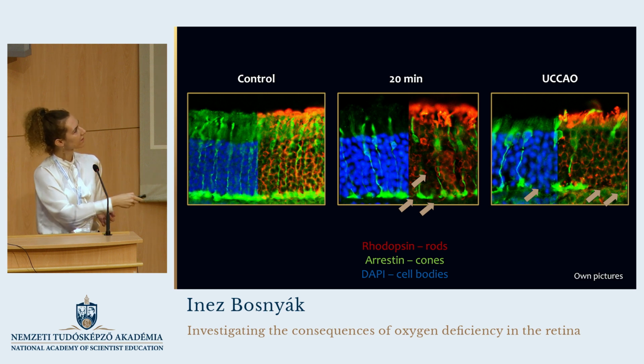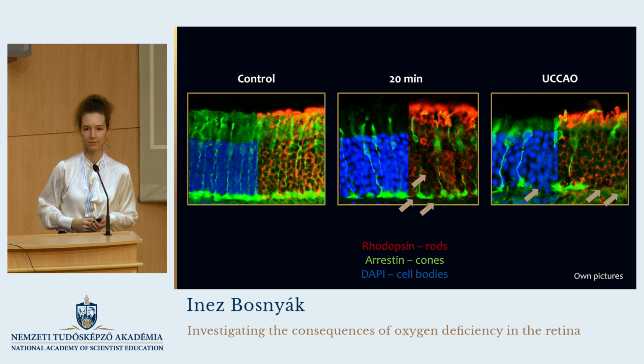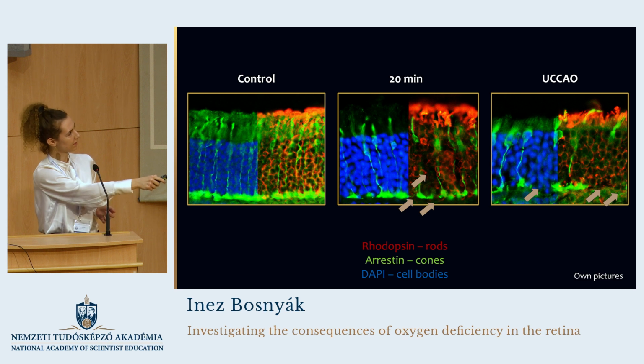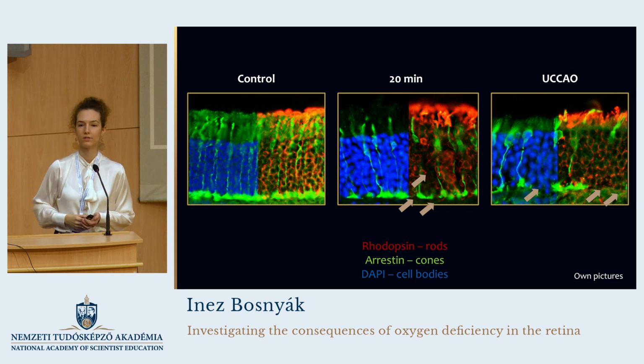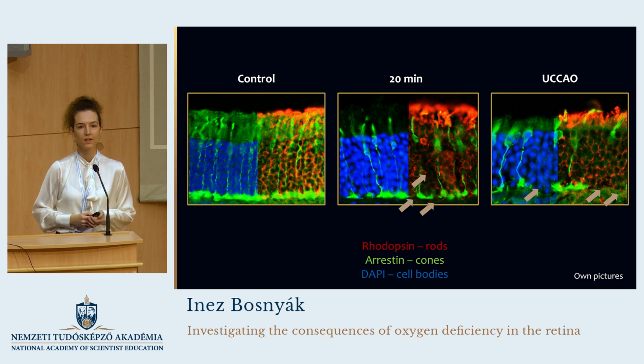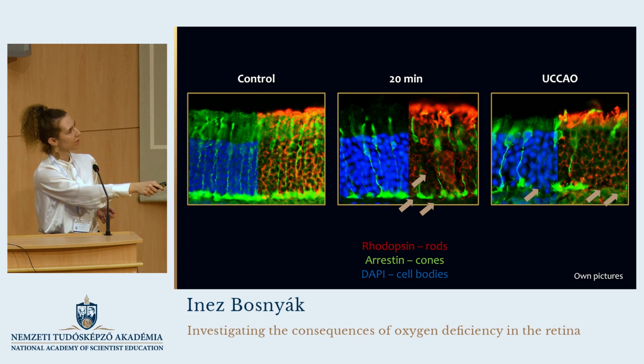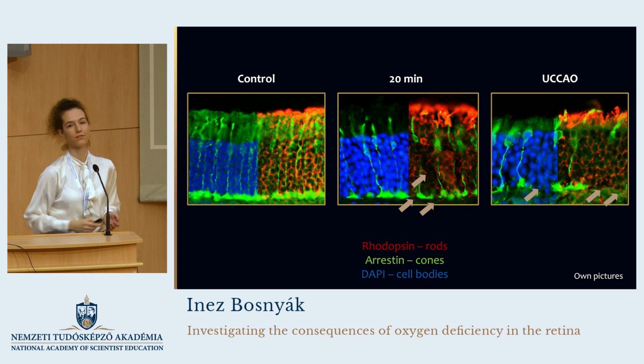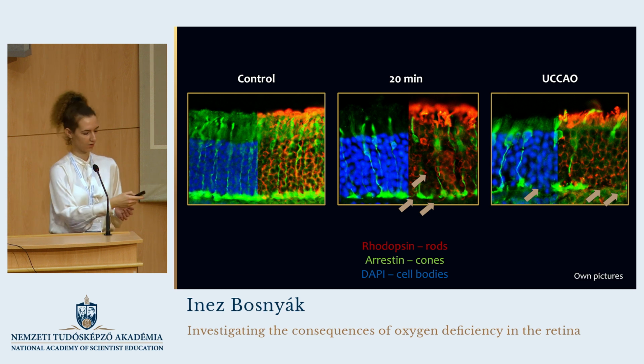So we experienced cone loss in case of the 20 minutes group, as you can see in the pictures here, and this was much more remarkable in the case of the UCCAO group. So we had almost no cones 4 weeks after the surgery in the UCCAO group.